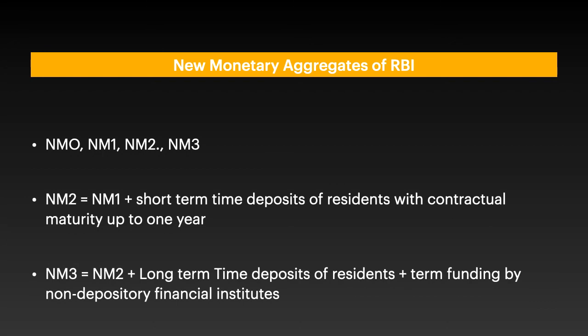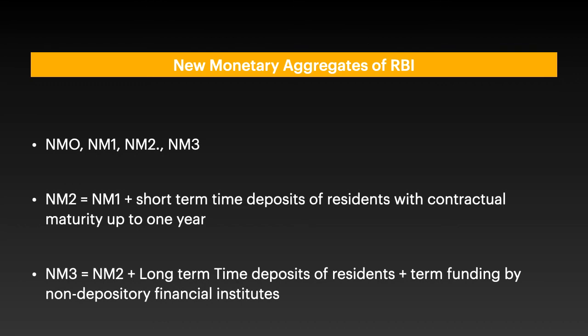The components of NM0 and NM1 are the same as M0 and M1, that is, NM0 will comprise currency in circulation, bankers' deposit with RBI and other deposits with RBI. NM1 will include currency with public, demand deposits with banks and other deposits with RBI.